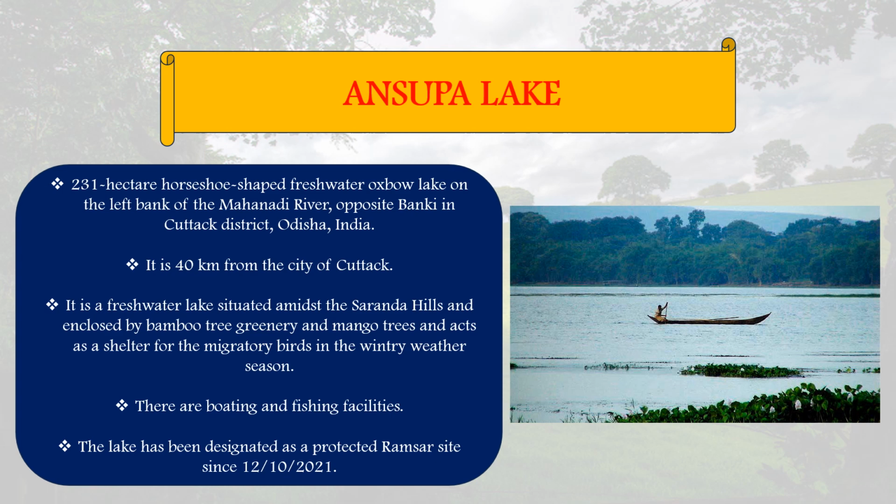The freshwater lake is situated amidst the Saranda Hills and enclosed by bamboo trees and mango trees and acts as the shelter for many migratory birds in the wintry weather season. And there are boating and fishing facilities available here. And the lake has been designated as a protected Ramsar site since 12 October 2021.